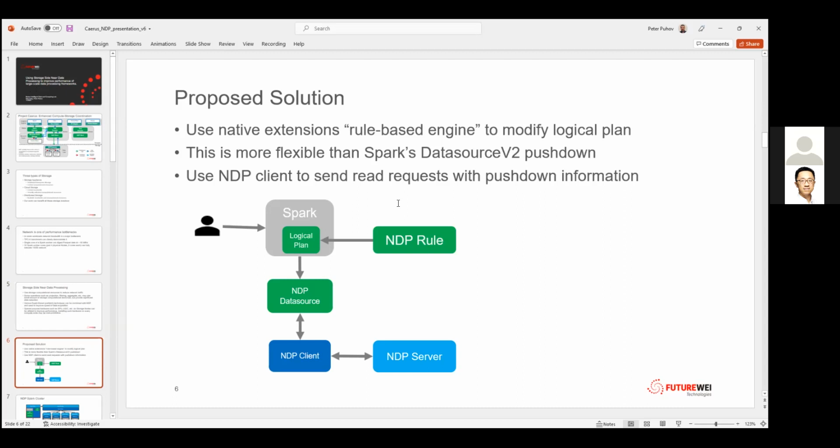We call it the rule-based engine, after the Spark approach to logical plan optimization, which optimizes the logical plan on a rule basis by traversing the DAG and modifying the DAG to make it more optimal.